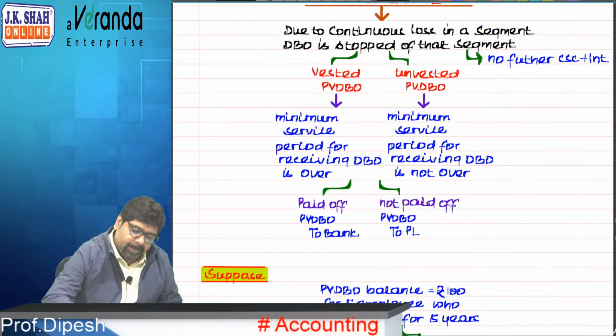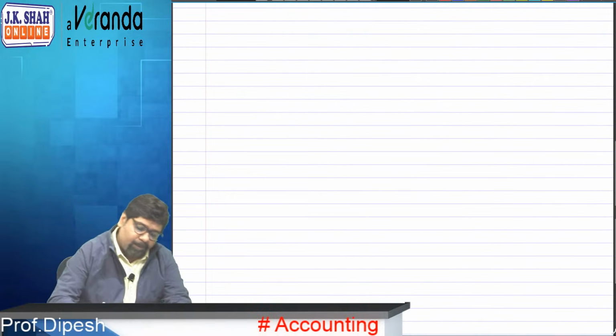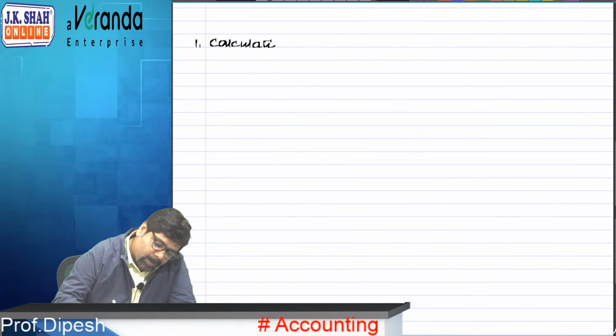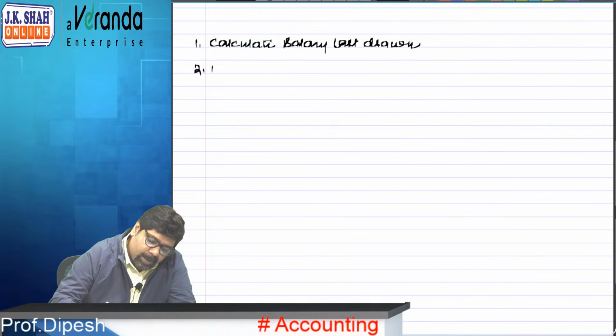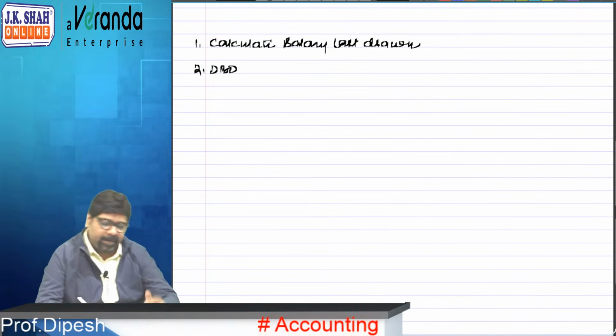Now, understand, chartered. Step 1, you will do what? Calculate salary last drawn. Then you calculate DBO. DBO means the amount which you are supposed to pay after 5 years.